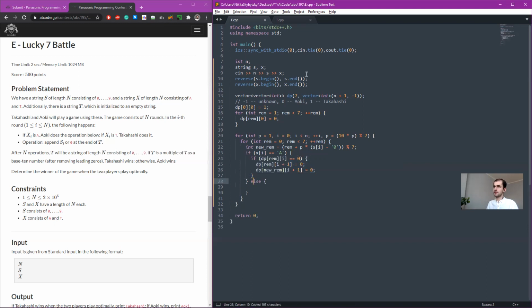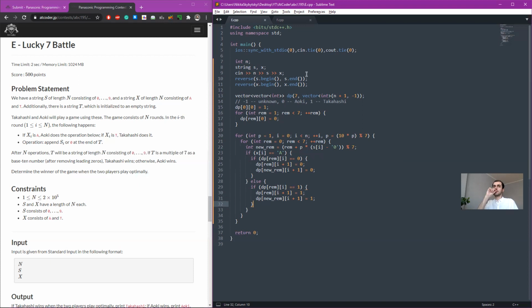Otherwise, it's Takahashi's move. If he gets into this position, that's good. Then he wins, right? At least one of his turns goes there, then he can win.